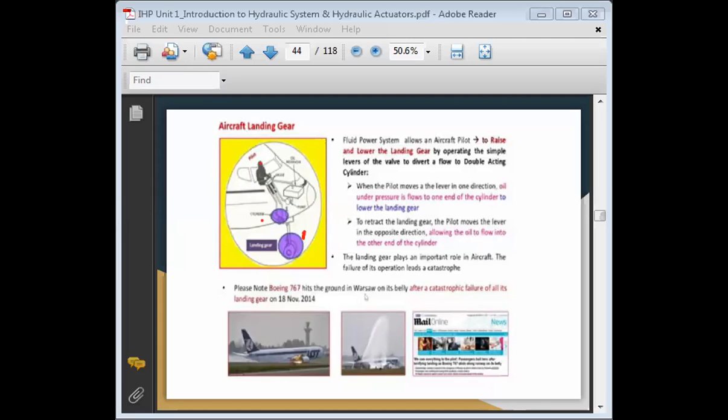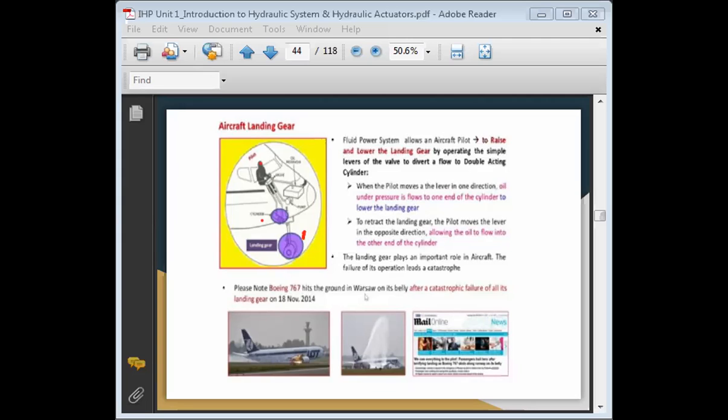Due to that, this landing gear is important in that sector. Getting it? So do not think that all hydraulic systems are 100% safe. Sometimes hydraulic systems also may fail.